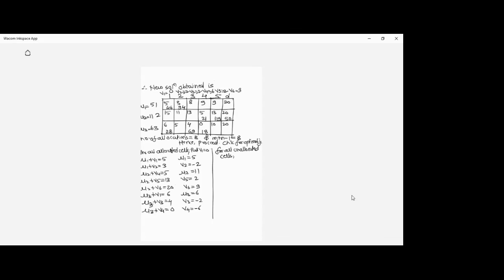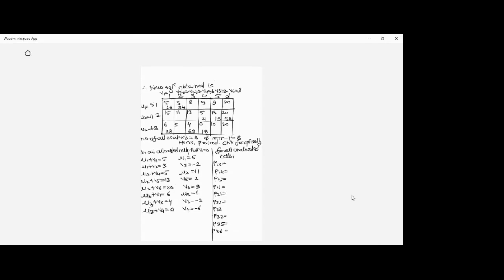So for all unallocated cells, what we can write is p13, p14, p15, p16, right? So p21, p22, p23, we have p32, p35, and p36 into our consideration.